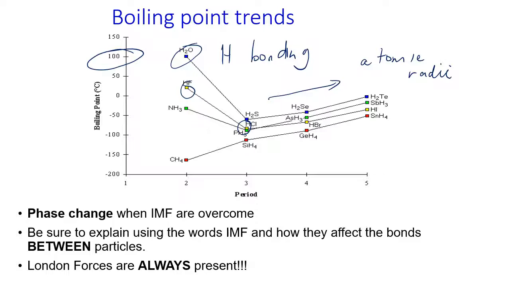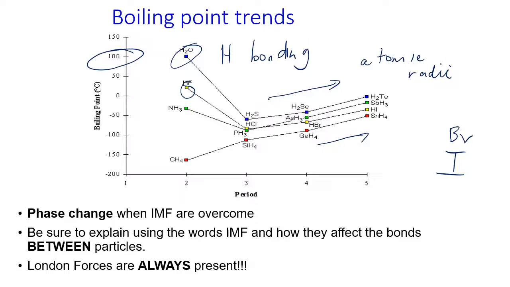And again, as we go up this way, you can see as we move down the period from chlorine to bromine to iodine, that the atomic radii is increasing. So again, London dispersion forces are also increasing.